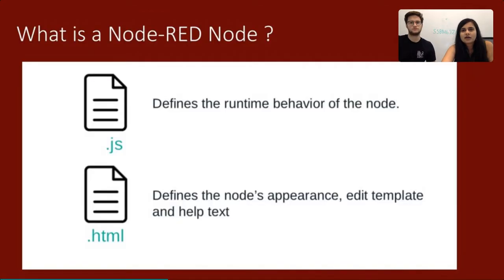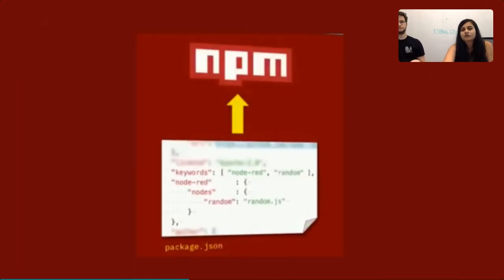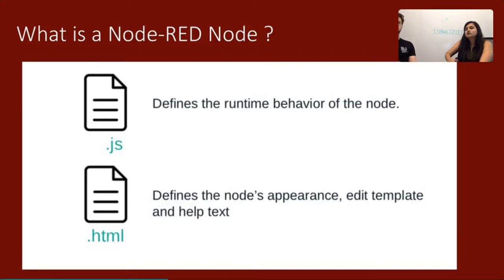I think one of the best things about Node-RED is these nodes. What do they consist of? I think we worked up together on building our own nodes as well, which is another thing that you can do with Node-RED, especially if you don't see a node that has the behavior that you want.